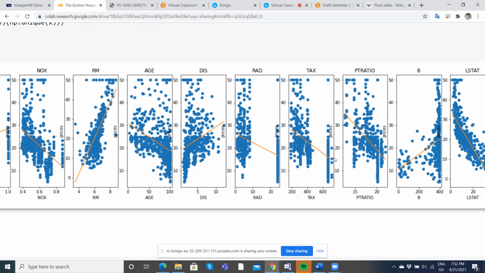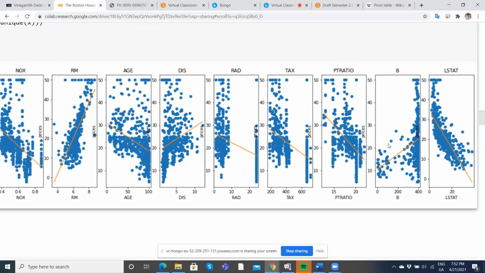Increase in taxes, more negative. If you've more pupils to teachers, the more negative the price is. That's what we might expect. B, I think, is again, I have to check the formula for that. There is a formula there. I think it's some kind of ethnic proxy, but I'm not 100% sure.